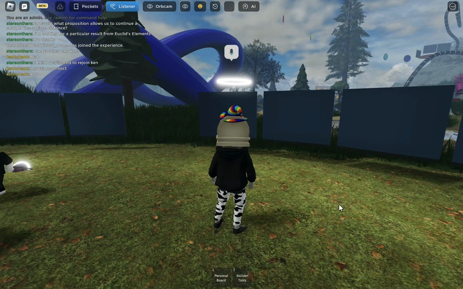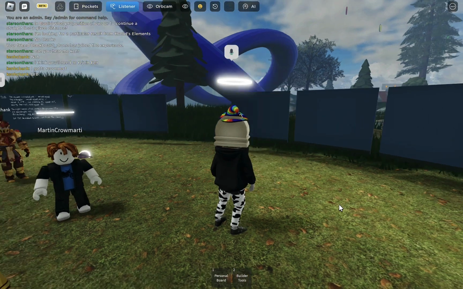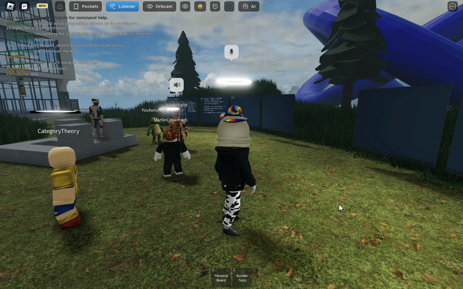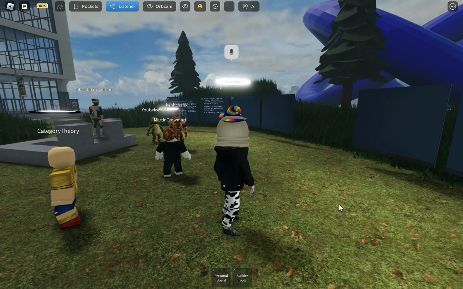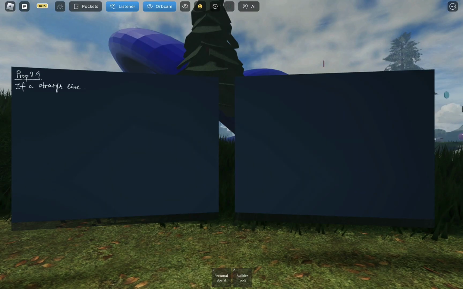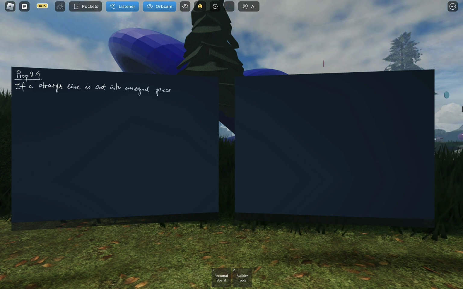Okay. So proposition 2.9 is slightly different to the previous ones. It's maybe the identity that we get is something that you recognize. So if a straight line is cut into unequal pieces, and as before, I'm going to make the construction as I go.